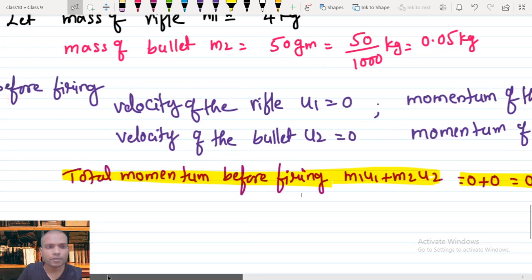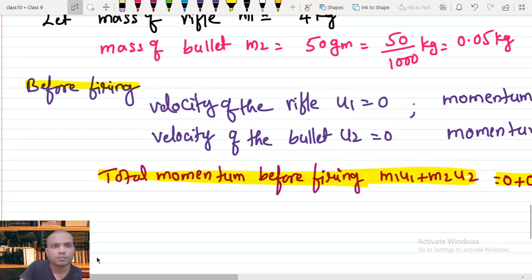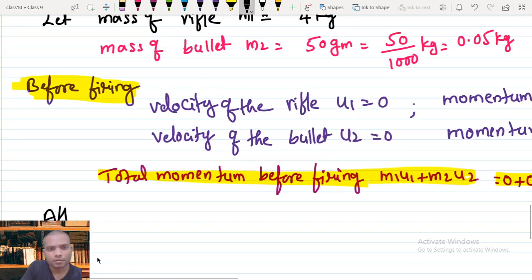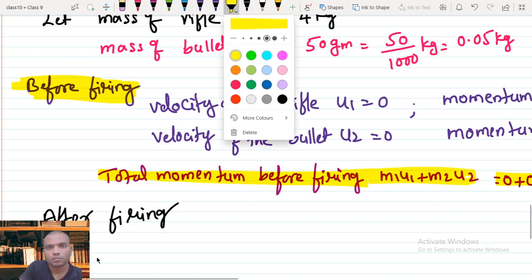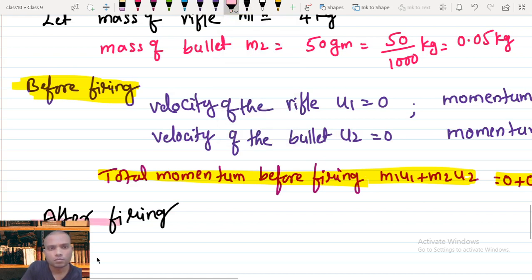Now we need to calculate for after firing. So this is before firing. Let me take now after firing. After firing, the mass of the bullet does not change and the mass of the rifle also does not change. So what will be the change in the velocity of the rifle?